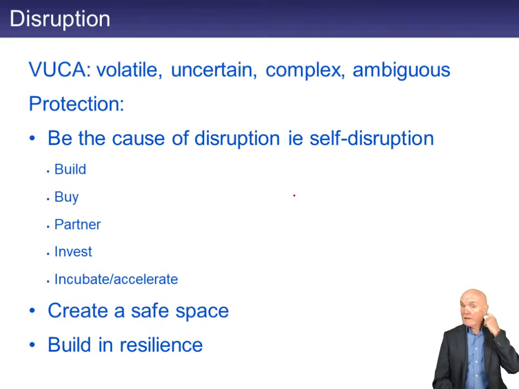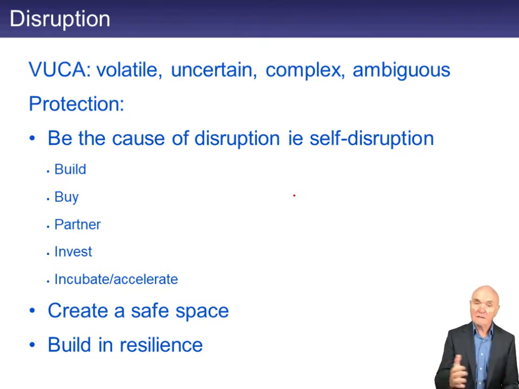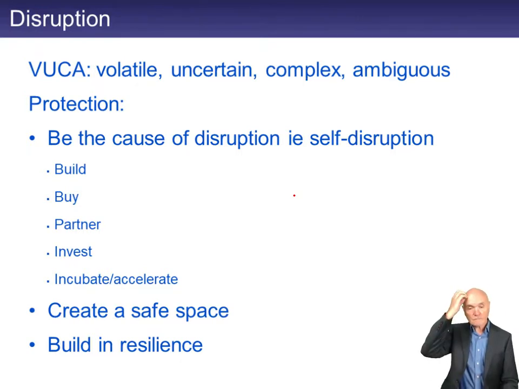The first way is to be proactive, not to wait around for the disruptive influence, but to be the disruptive influence. To try to see what's going to happen and be first in with the new methodologies, so that you're putting your competitors at a disadvantage.